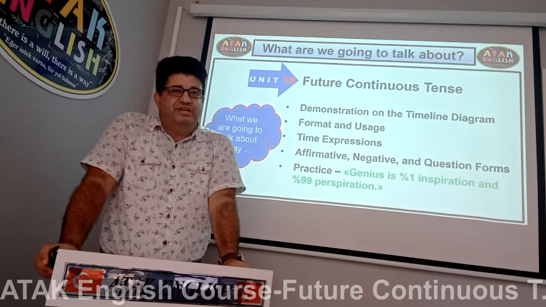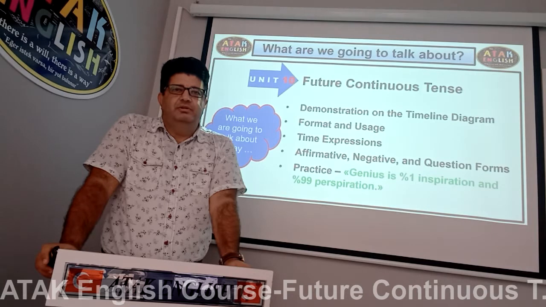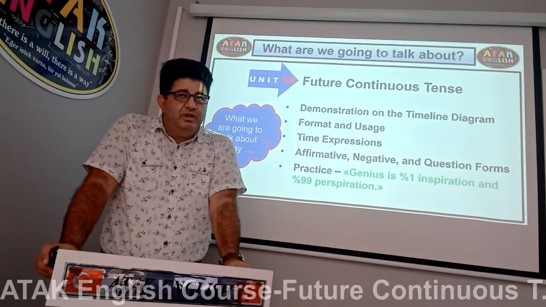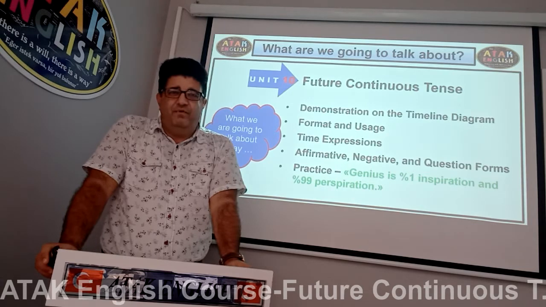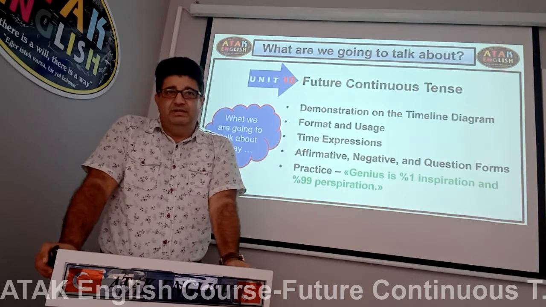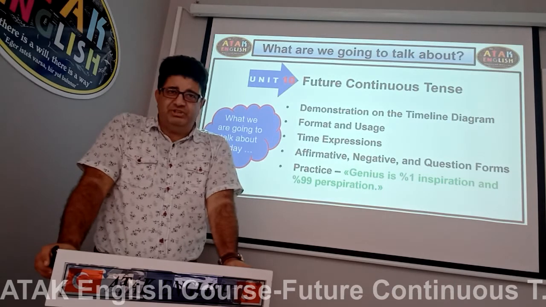I'm sure you'll get sweaty, you will work hard and diligent enough to learn 3 main and 12 subtenses in the English language, because they are the structure for you to be able to learn good English. Shall we get started?